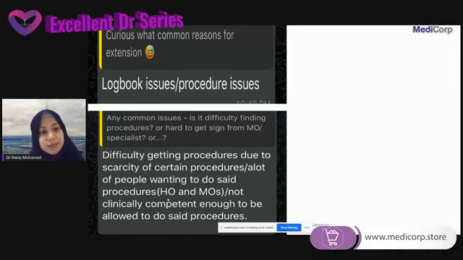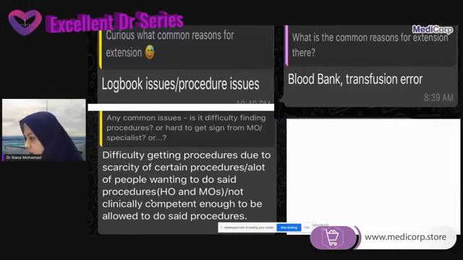You might need to work harder in terms of getting the procedure. I think this is for those hospitals who do not allow their housemen to share the same procedure or same patient for that particular procedure. But usually most hospitals allow you to share patient.